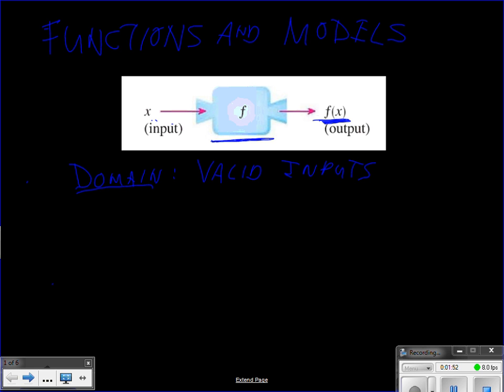And when we talk about the output of the function, we might describe that by the range of a function. A range is defined as valid outputs.